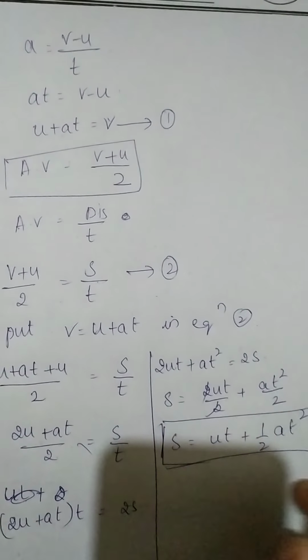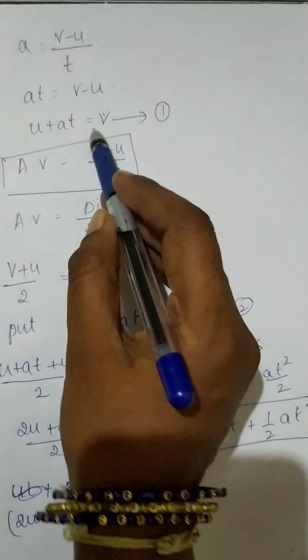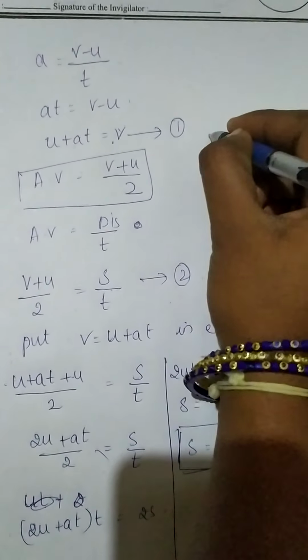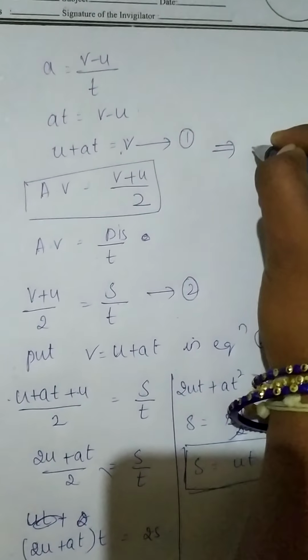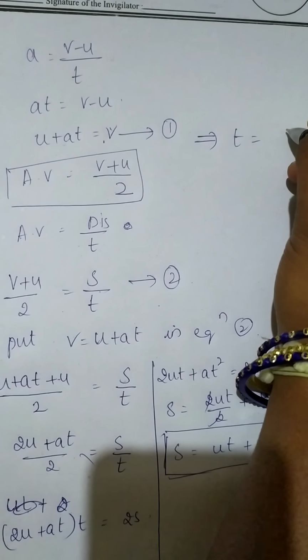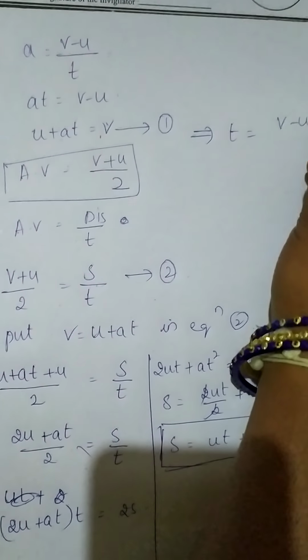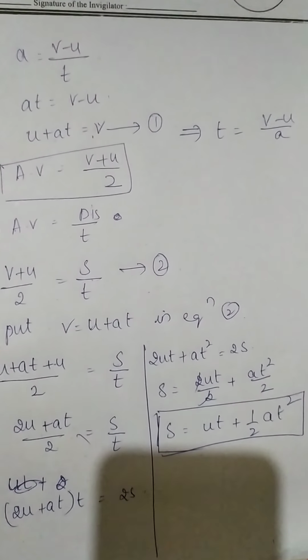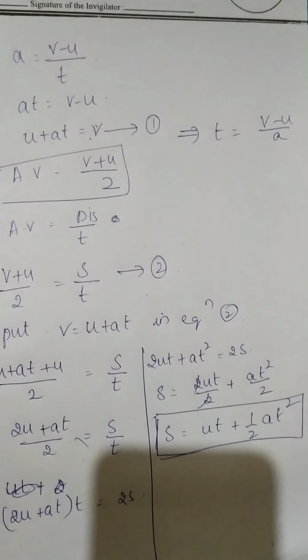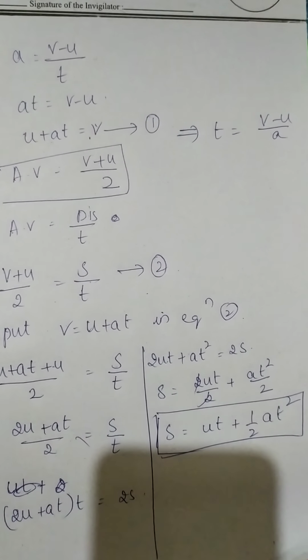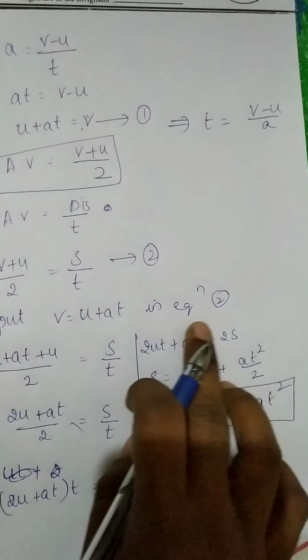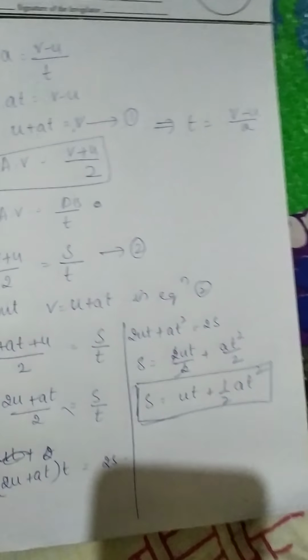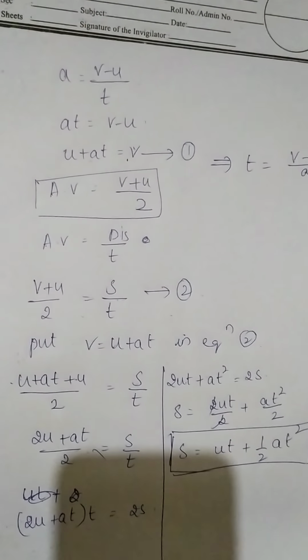After that, from the equation v equal to u plus at, we get t equal to (v minus u) by a. Yes or no, (v minus u) by a. Now what you have to do, whatever the t value is, just substitute it in equation 2.